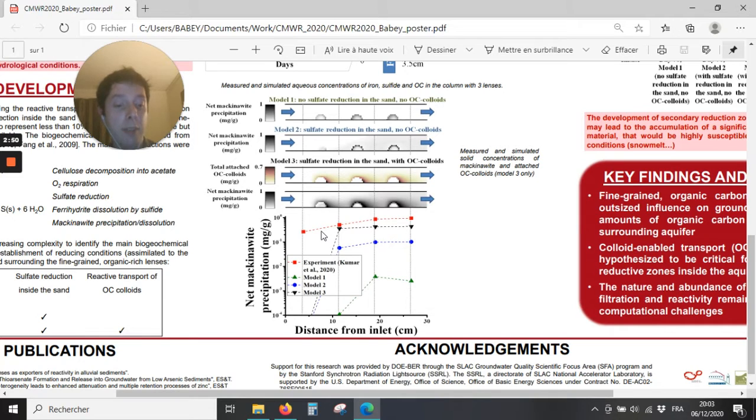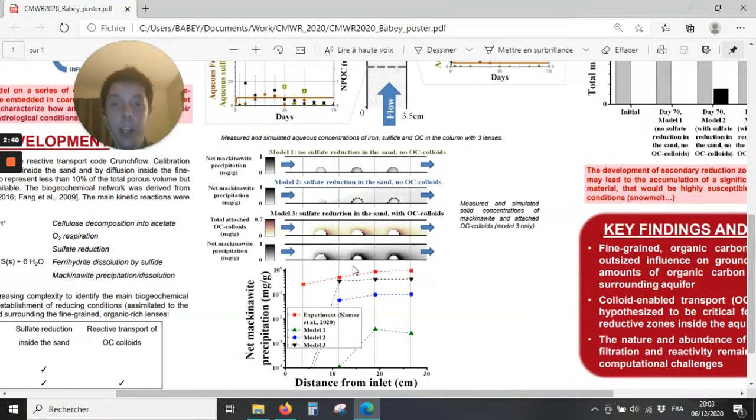So you really have a development of a halo of reducing condition in the vicinity of those fine-grained organic carbon-rich lenses. And the second interesting finding of this work is that this halo of reducing condition does not result from a direct export of already reduced species from the lenses, so for instance sulfide.